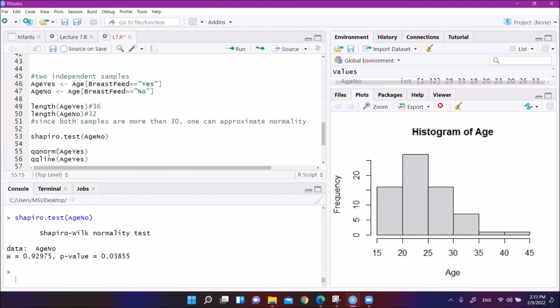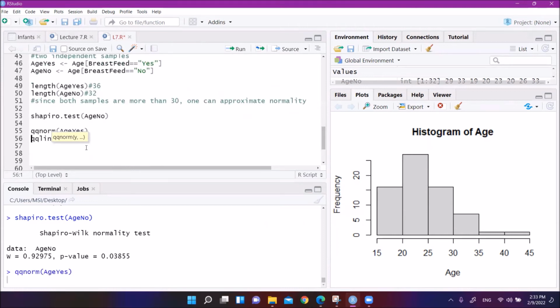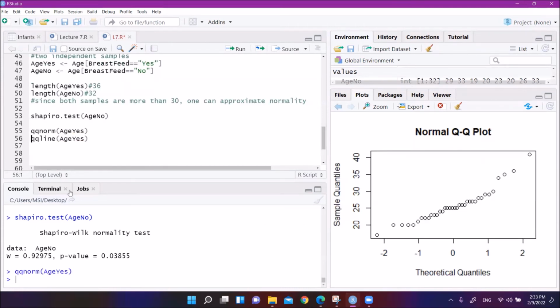QQ norm means quantile norm, right? This is the code to plot the quantile plot. So on the y-axis you are getting sample quantiles, and here you are getting theoretical quantiles. You will learn this in the regression lecture this week, hopefully, so don't worry too much about it.